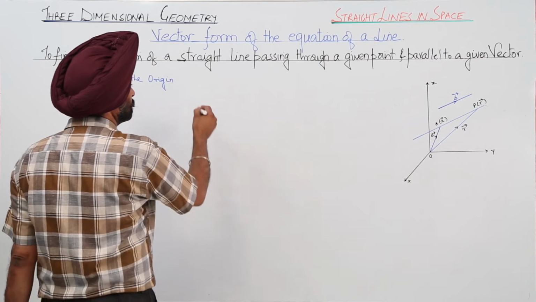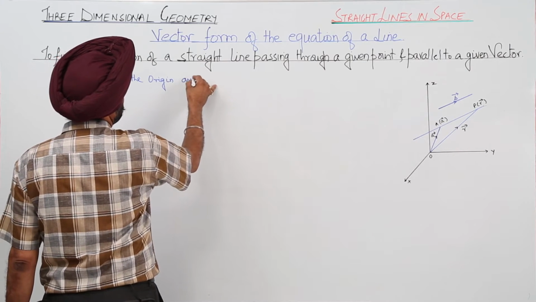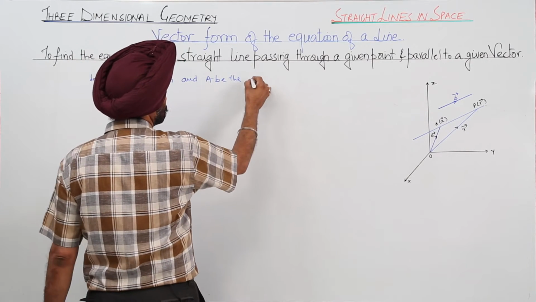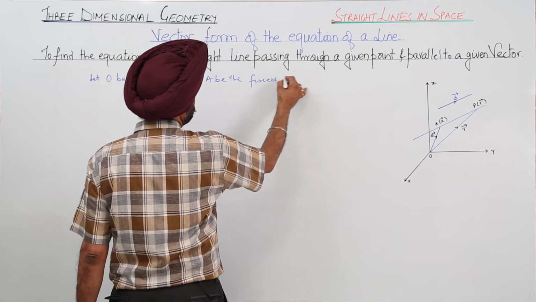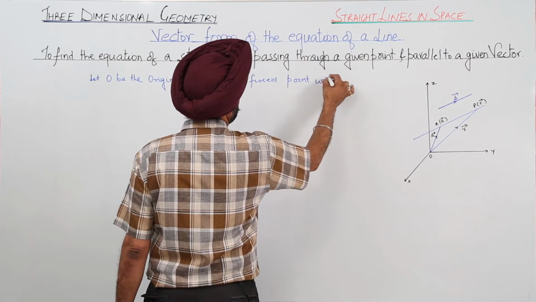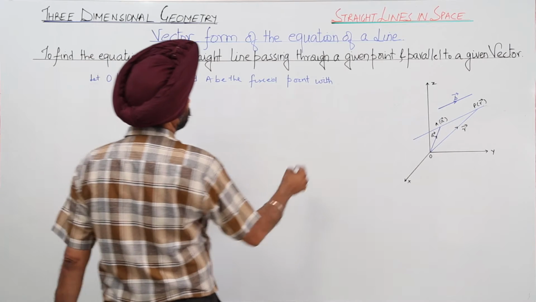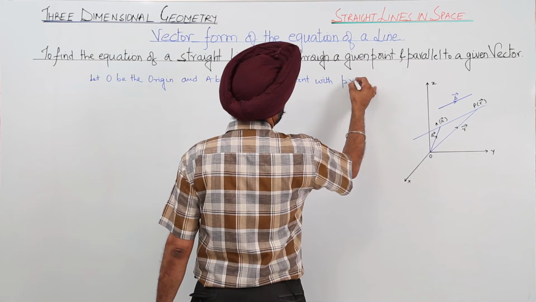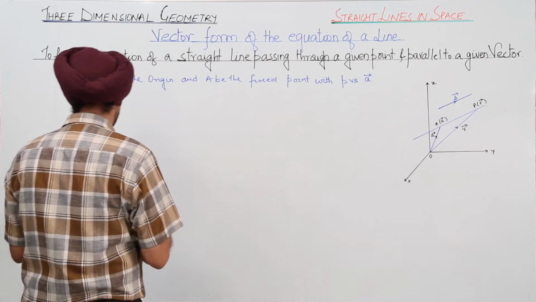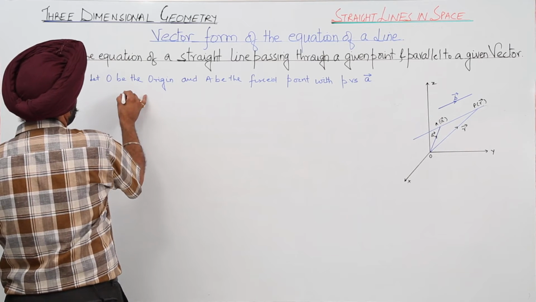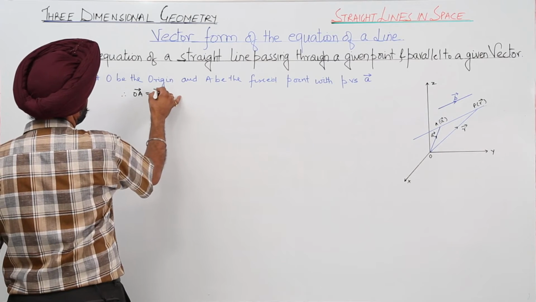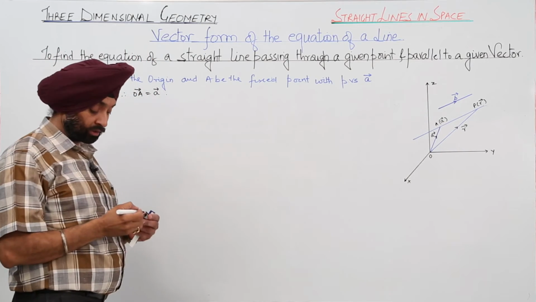Now, let O be the origin and A be the fixed point with position vector A. Therefore, vector OA is represented by its position vector, that is vector A.